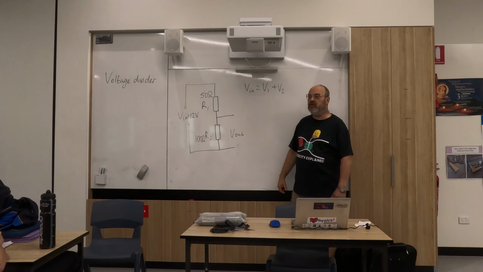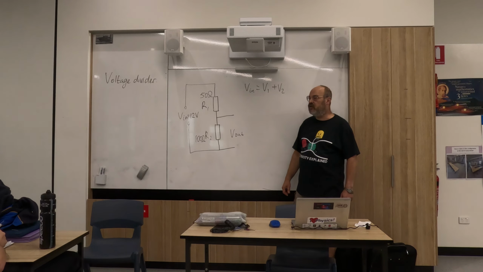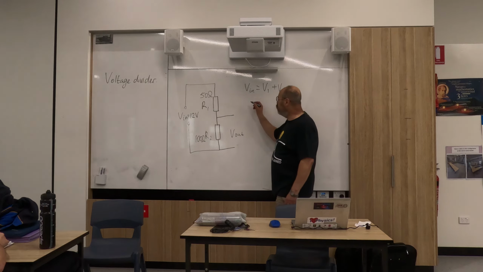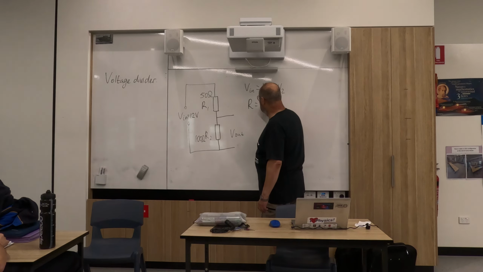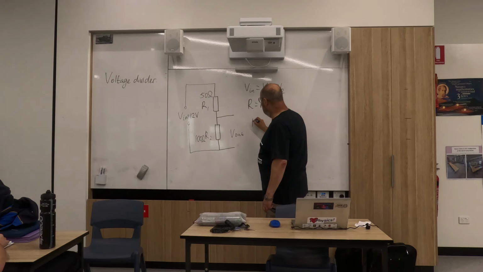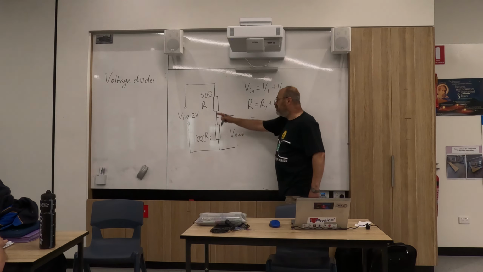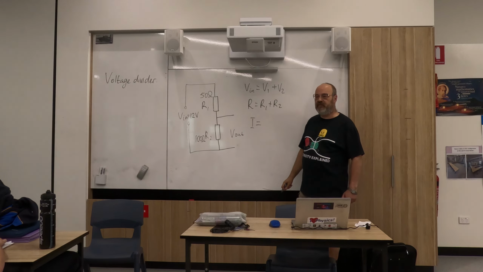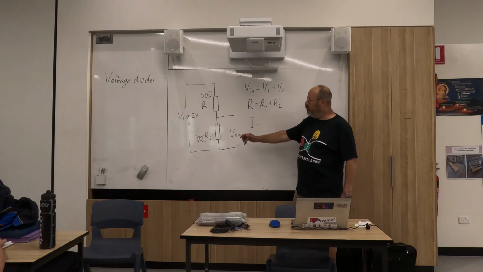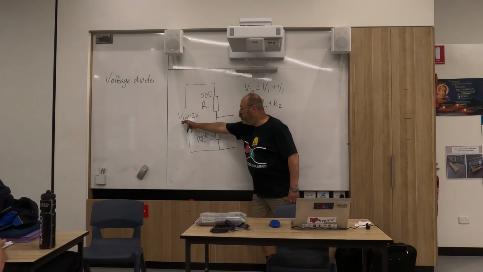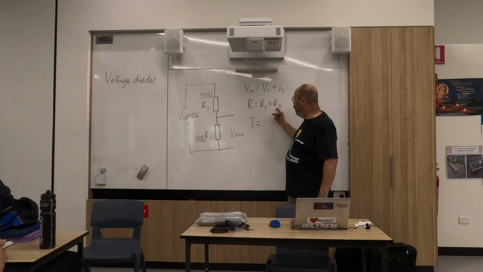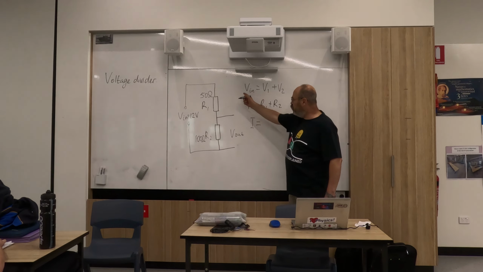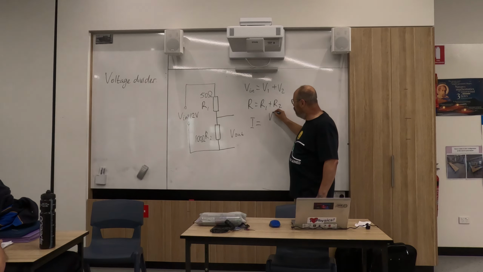How do we find the total resistance in a series connection? We add them. So total resistance equals R1 plus R2. And what will be the current in the circuit? Using Ohm's law, we have voltage in, a current, and total resistance. So the current will be voltage in divided by total resistance, R1 plus R2.